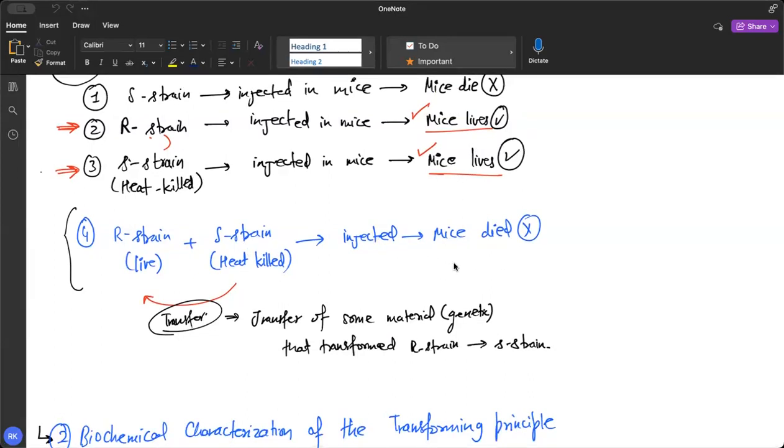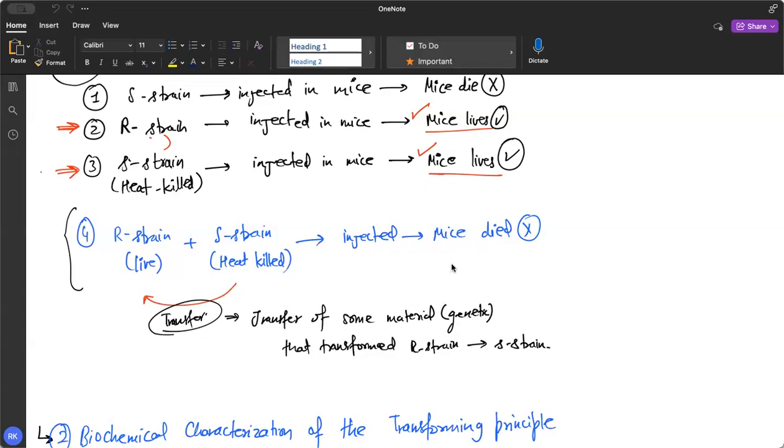Now there were many questions that arose from this, such as whether the heat killing was proper or not. He did all those repetitions again and finally concluded that indeed something gets transferred from the S strain, even though it is heat killed, to the live R strain, converting the R strain into the S strain.